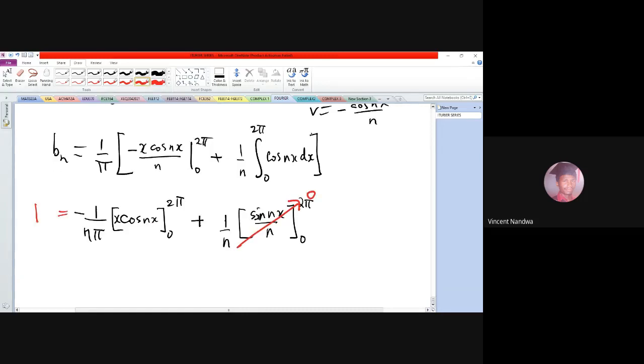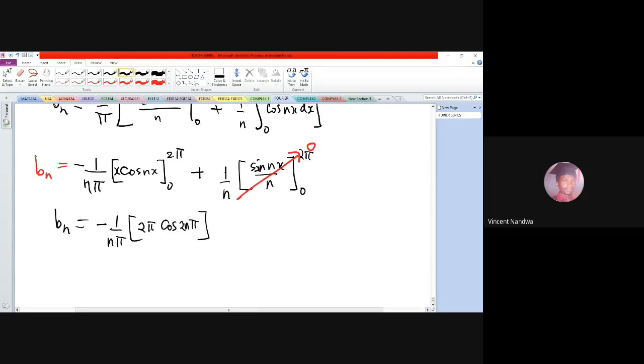So bn, putting in the upper limit, will be minus 1 over n pi times 2 pi cosine of n times 2 pi. The lower limit will be 0.